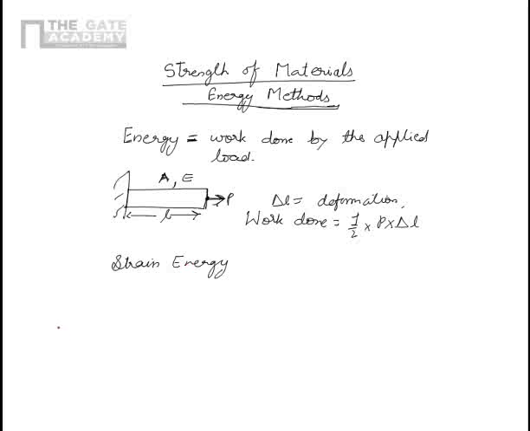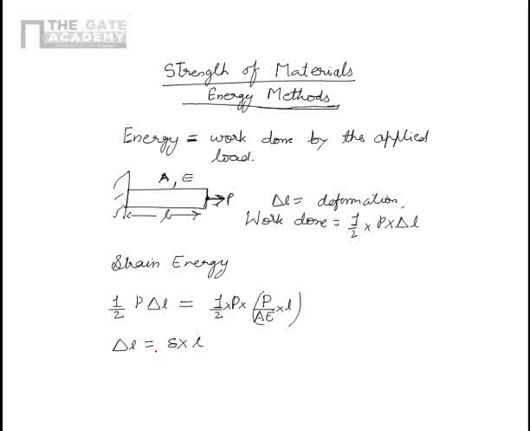So let's see what happens if I convert this 1 upon 2 P into delta L into material properties and stress, strain, etc. I can write this delta L as P upon AE into L. Why? Because delta L is nothing but the strain multiplied by L, correct?